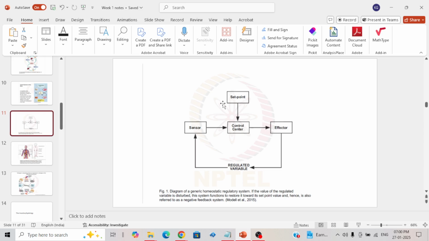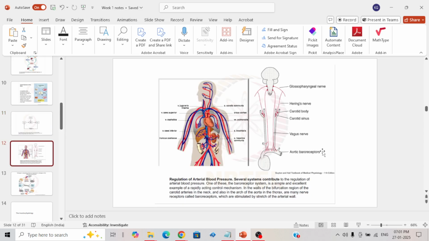Just don't look at the set point, just see that there are sensors. When nerves are involved, a neuron has a cell body, nerve endings, dendrites, and an axon. Whenever a neuron gets a signal, it can be in any form; in this diagram it was in the form of pressure.